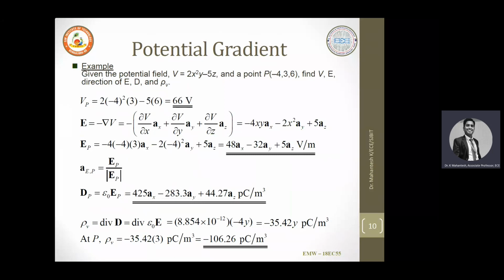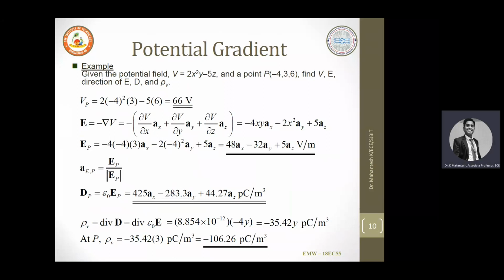Given the potential field V is equal to 2x squared y minus 5z. Substituting the values of a point P, V at point P is given by 66 volts.